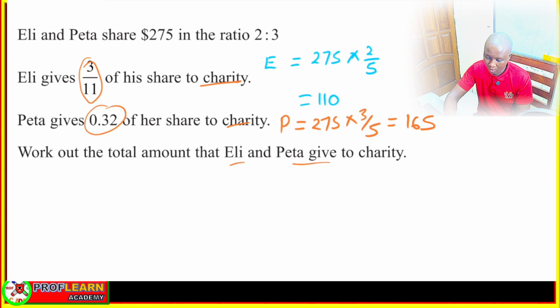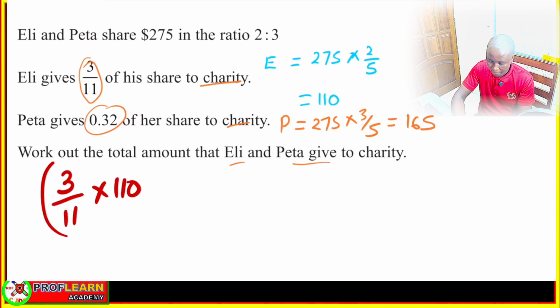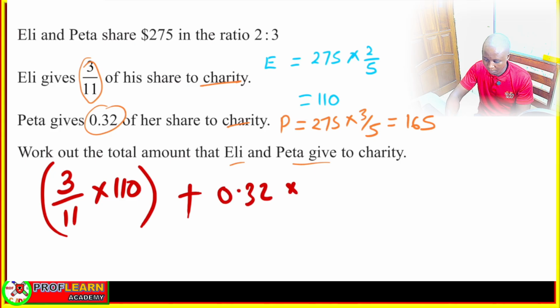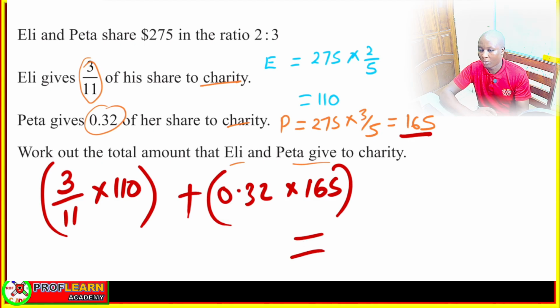So their contribution towards charity is going to be, for Ellie, 3 over 11 times 110. Then we shall now add what Peter contributes, which is basically 0.32 times his amount here, which is the 165 amount, sorry. So we are going to work that out in our calculator to ensure that we get what the answer should be.